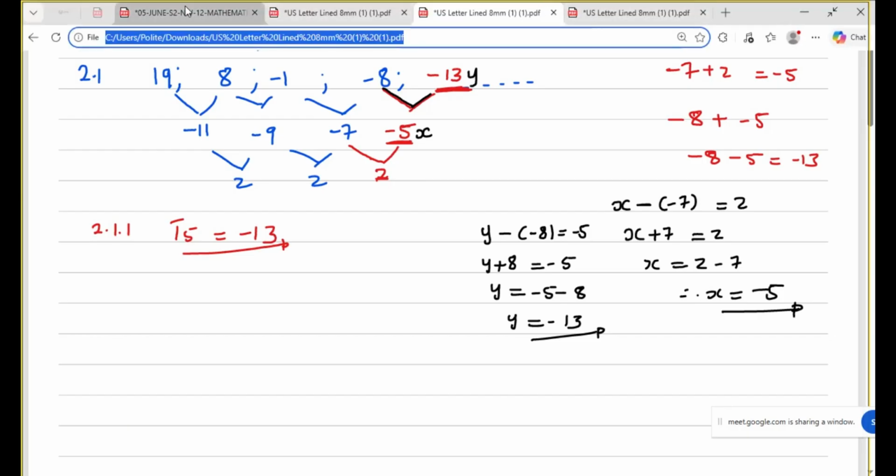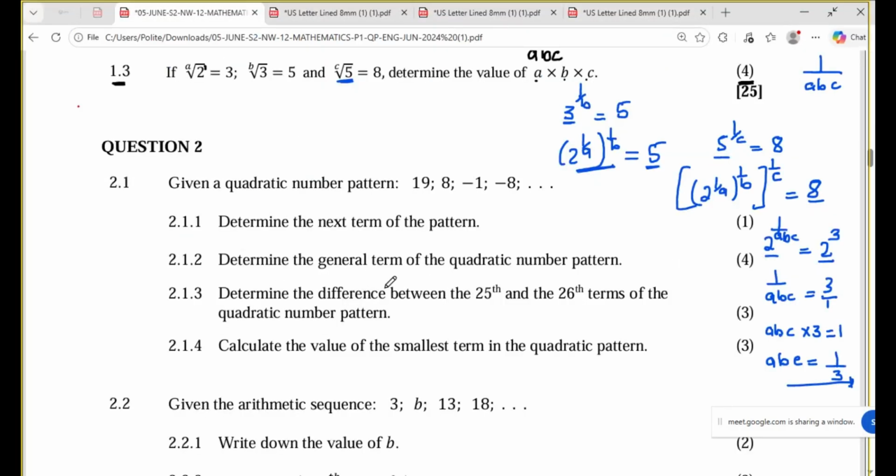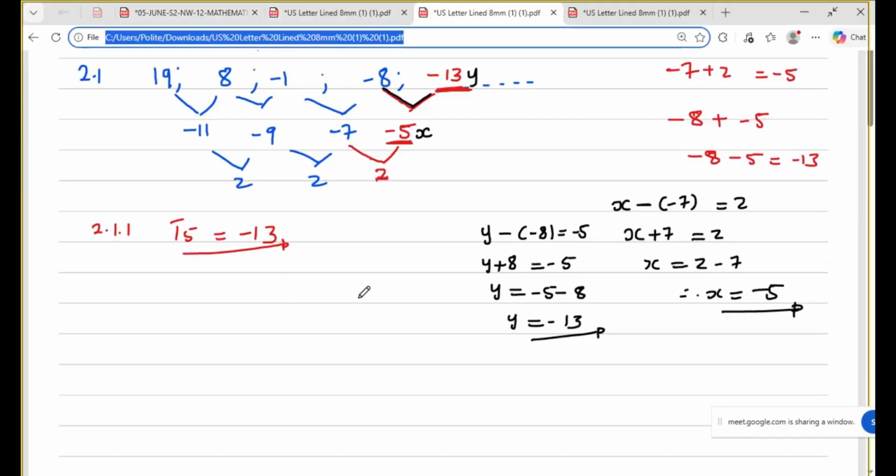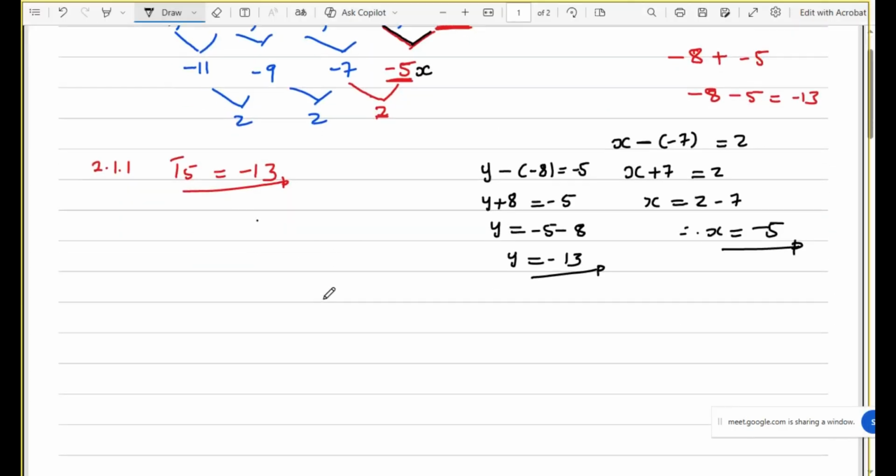Right. Next question: determine the general term of the quadratic pattern. So to find the general term, you know what you're going to do. 2.1.2. First thing first, find the value of a. 2a you equate to the second difference, which is 2.